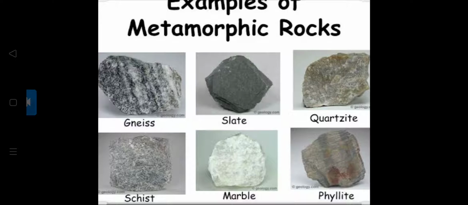The original rock is shale. What we derive from that is slate. Coal is the original rock, and when it is metamorphosed, changed, it becomes graphite. So these are examples of metamorphic rocks.